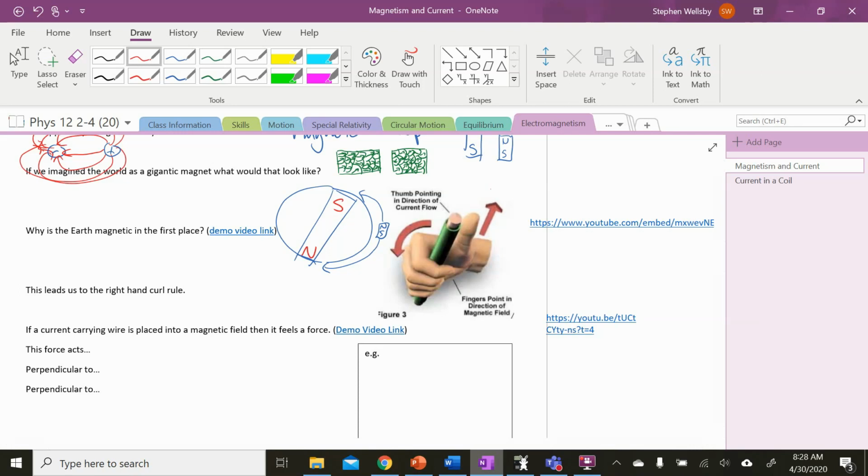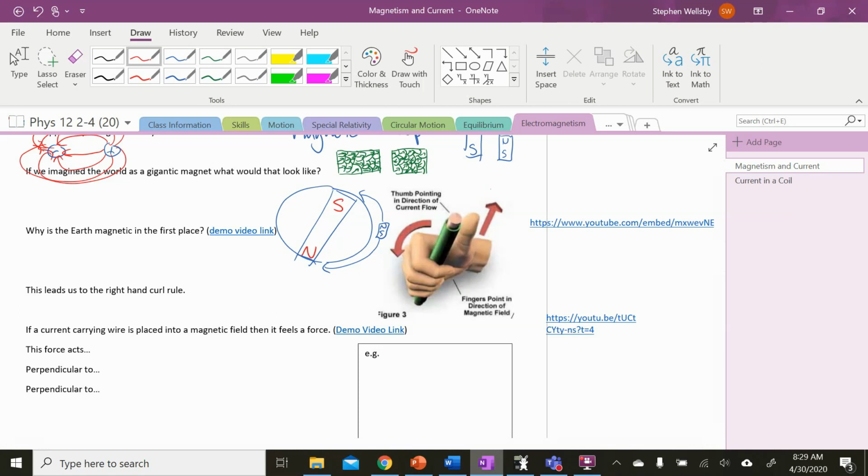So when the current was coming out of the page, if you put your hand there with your thumb pointing up out of the page and curl your fingers, you'll notice that the compasses were all pointing counterclockwise. Then he turned the current around so it was going into the page. As you point your thumb down into the page, your fingers go clockwise.